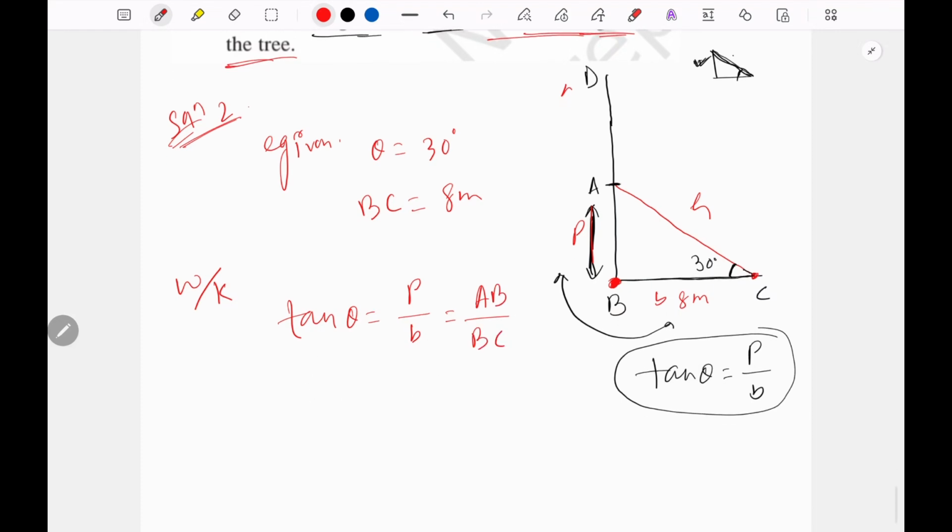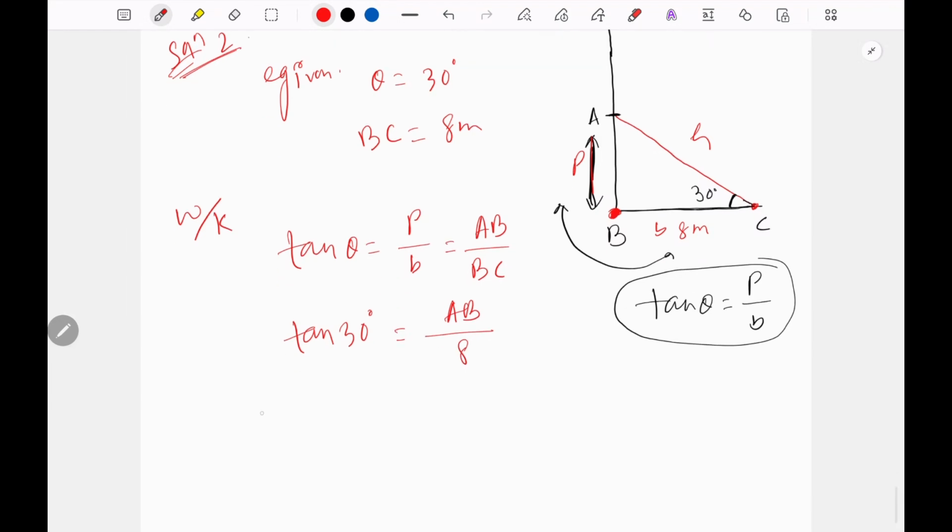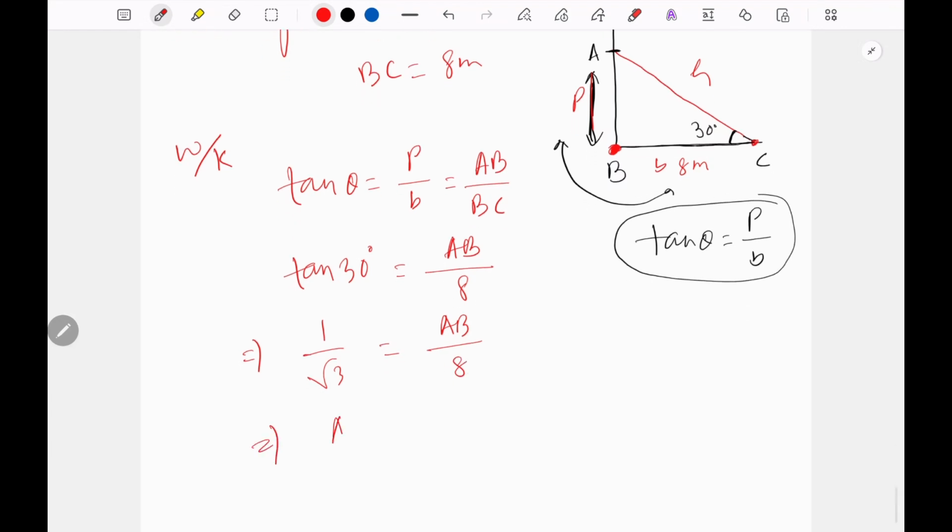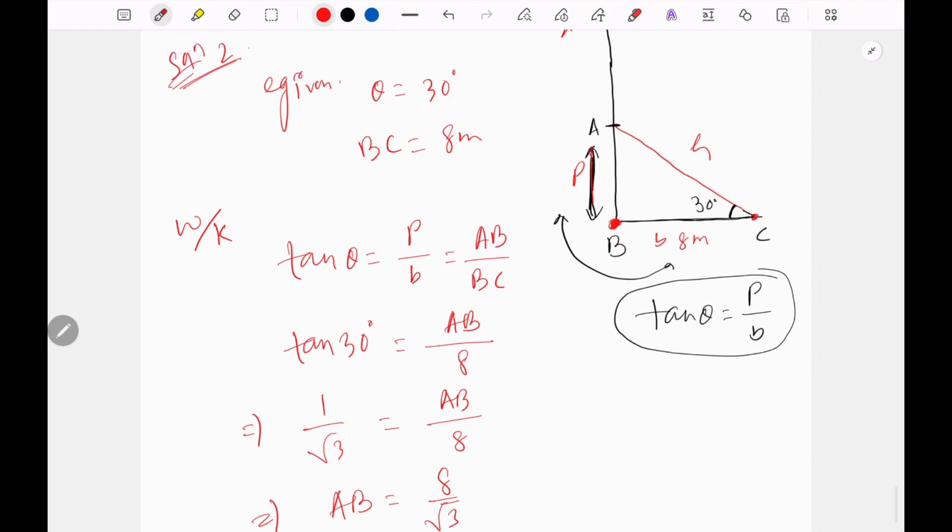So tan of 30 degree equals AB by BC. We need to find AB, BC is 8 meter, and tan 30 degree is 1 by root 3. So from here we can write AB equals 8 by root 3. So we got the value of AB.